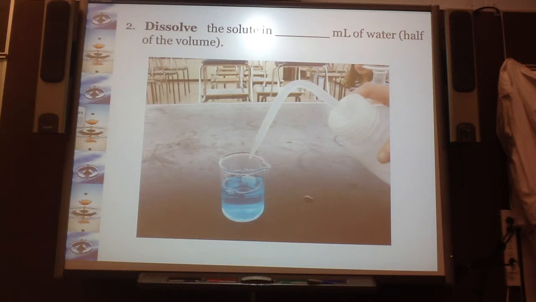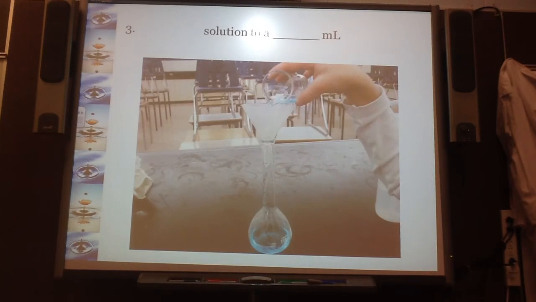Generally, what we recommend is that you dissolve it in half of the water required first, and then you mix it, so then you transfer the solution to a blank milliliter volumetric flask. It depends on how big a volumetric flask you'll use, because some are bigger than others.